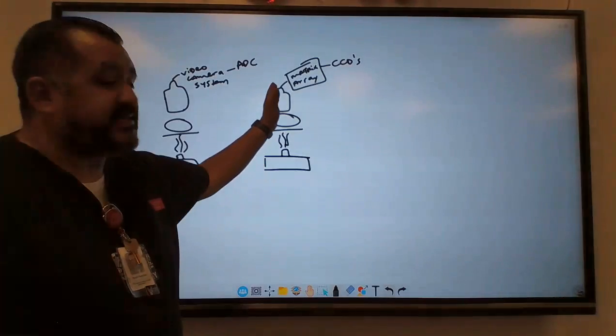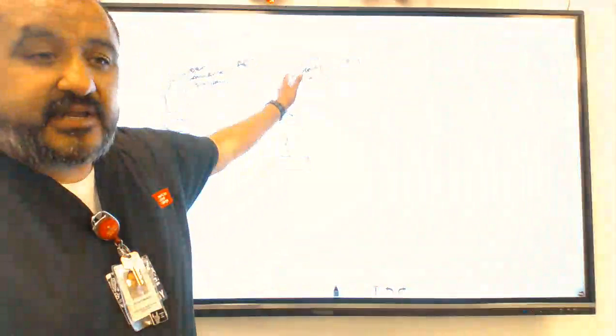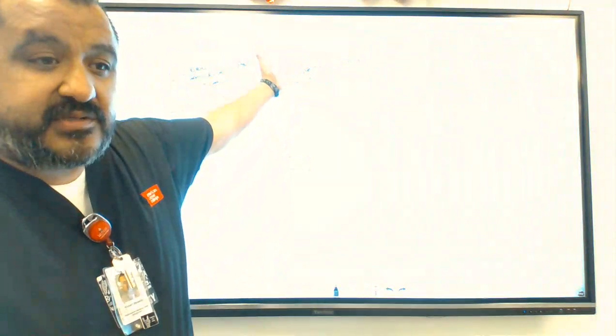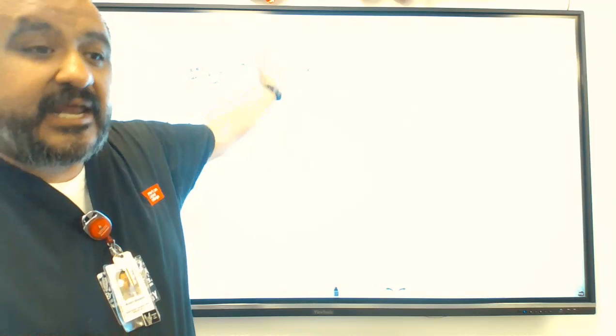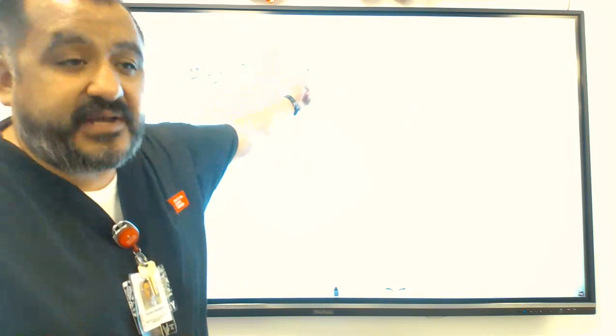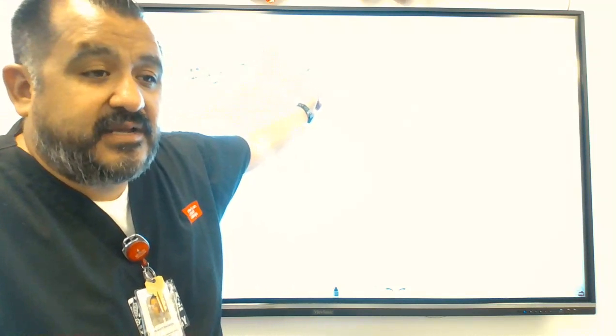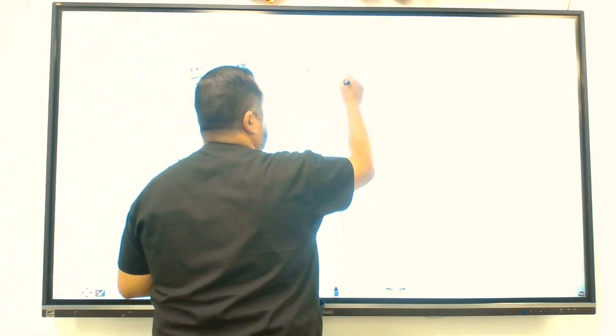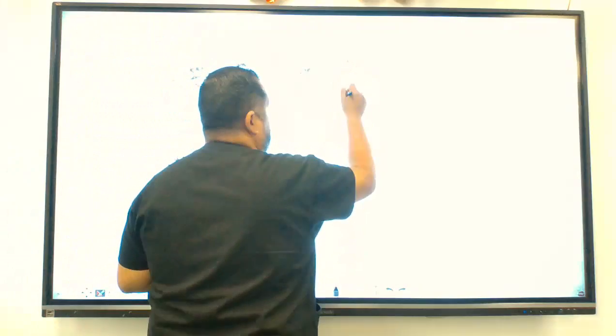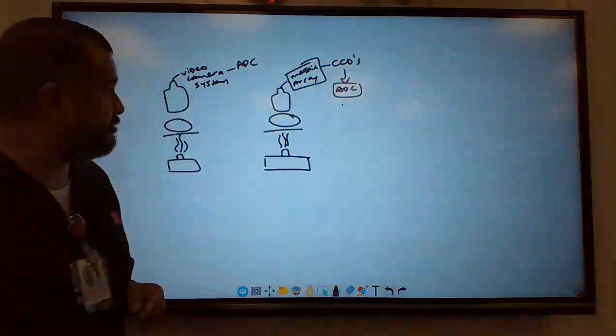So there would be a scintillator, right? You would have light being produced, right? That light would be captured by the CCDs, and then the charge coupled devices are connected to an ADC and then sent to the computer for processing.